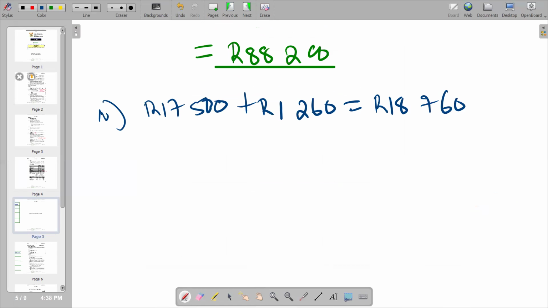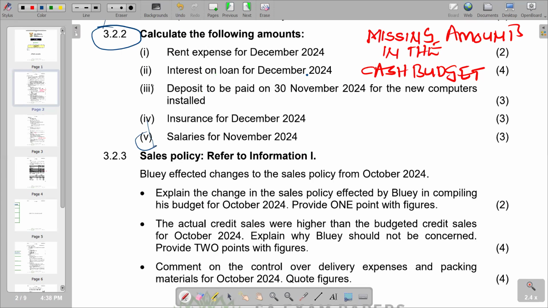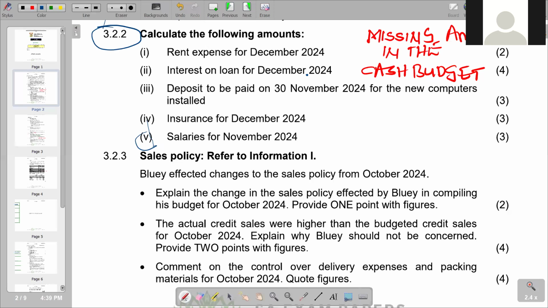We move on to the last part, which is salaries. So the last item that we have is the calculation for salaries for November 2024.